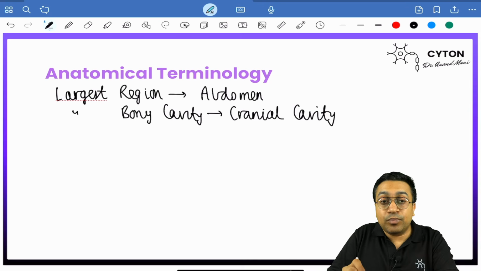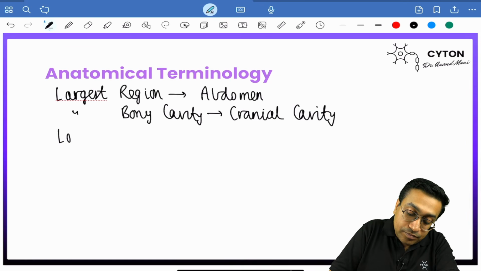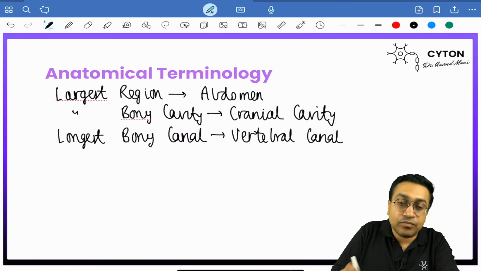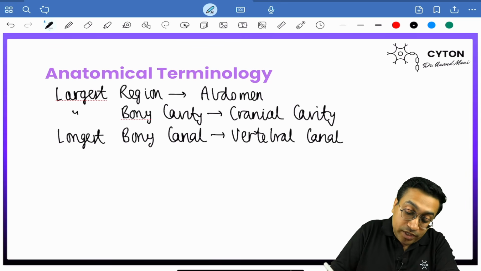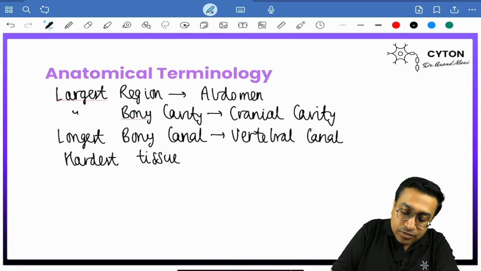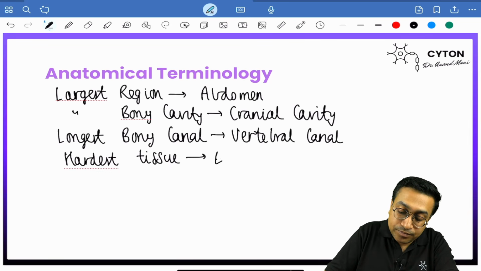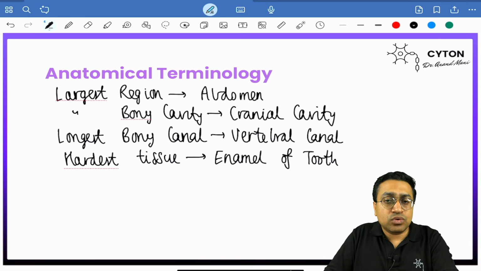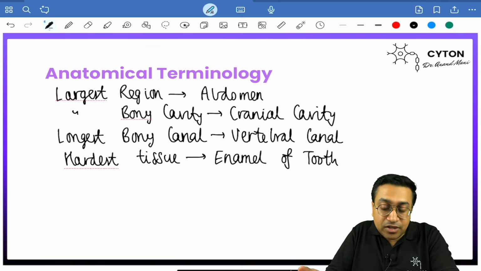Then the longest bony canal of the body, that is the vertebral canal, okay. Then the hardest tissue, I think you might have heard of this, the hardest tissue of the body, that is the enamel of the tooth, okay. These are all interesting facts, okay.